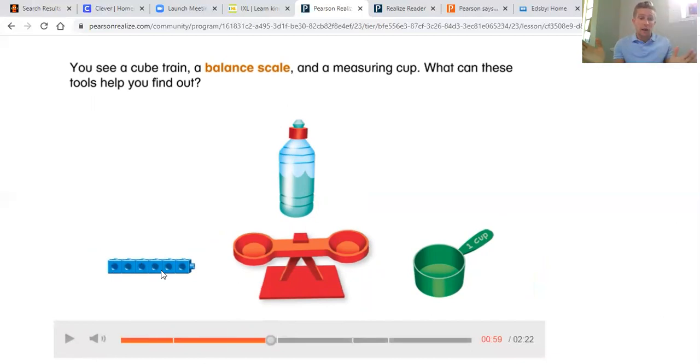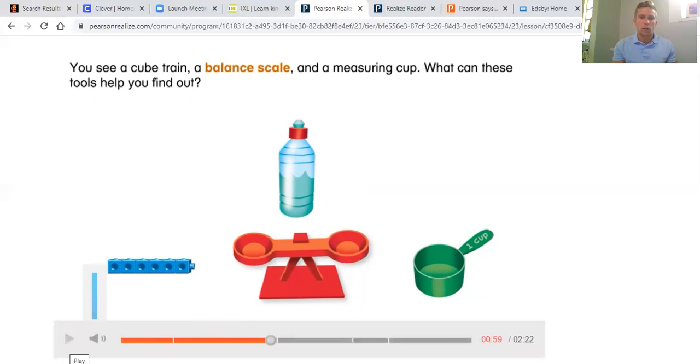We can lay them down and figure out how long something is. What does the balance scale measure? Weight, right? We put something in, it balances, one end goes up, one end goes down. That's how the scale works. You know all about that. What about the measuring cup here? That's capacity, right? How much it can hold. We learned about these three things already.